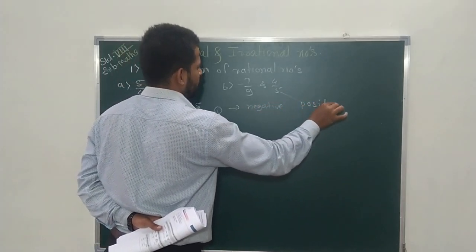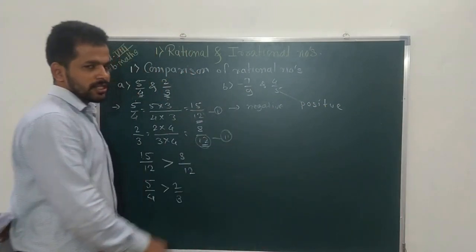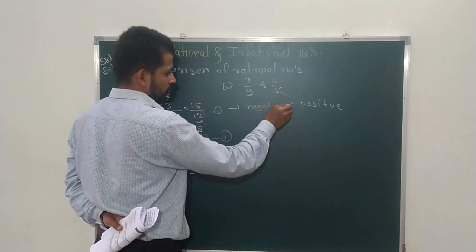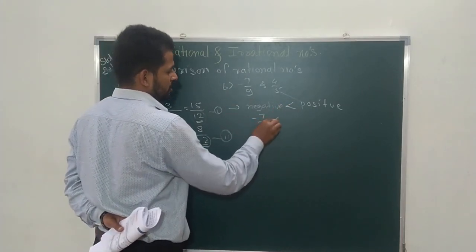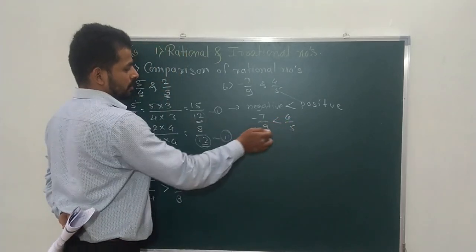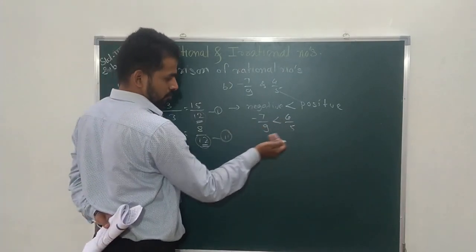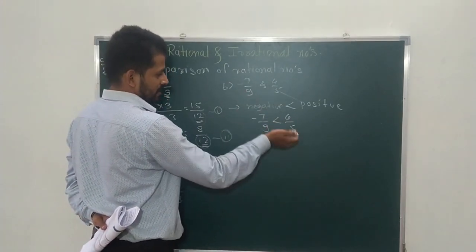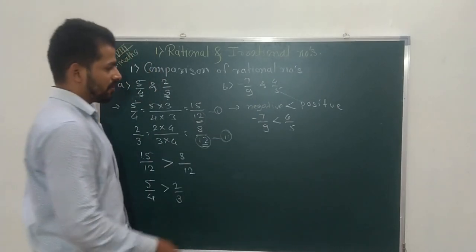So there is simply a comparison here. A negative number is always less than a positive number. That's why minus 7 upon 9 is less than 4 upon 5. It is not necessary to make the denominators the same and then compare; directly you can compare. A negative number is less than a positive number.